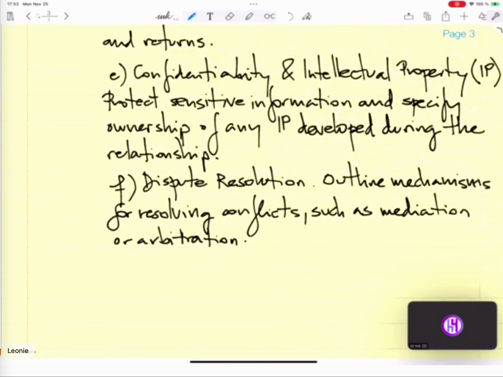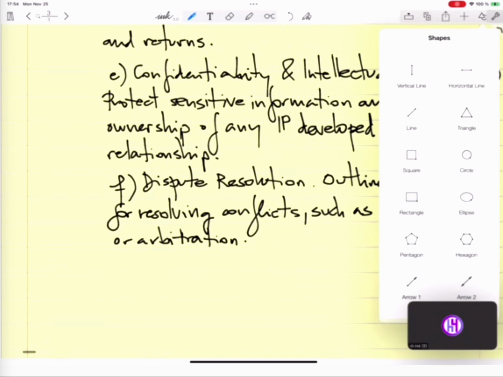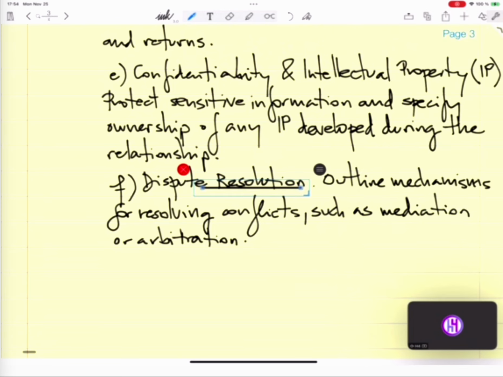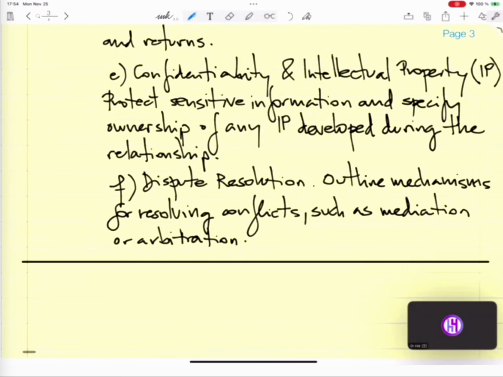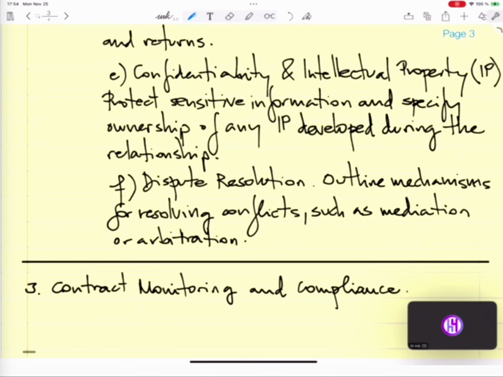Well then, once you have your negotiations set, you have your scope, you have your contract in place, you need to have a contract monitoring system. This is especially important if you do business outside of your comfort zone.